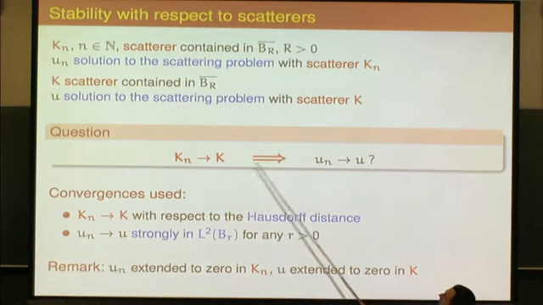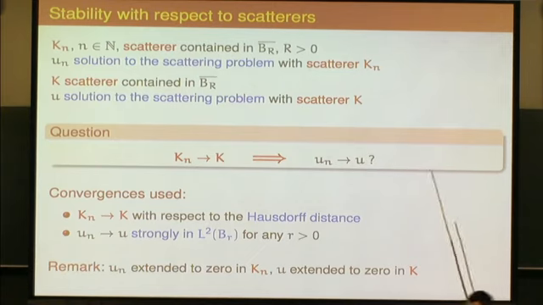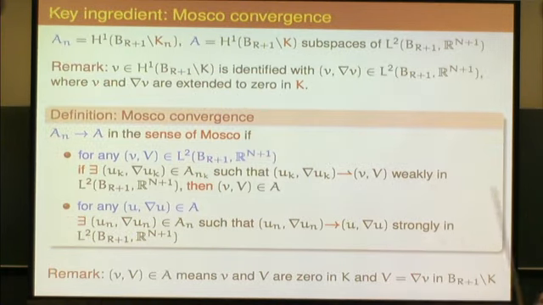And the basic ingredient to that, which is the ingredient that actually is equivalent to stability with respect to variation of a domain in the uniformly elliptic case, is the so-called Mosco convergence. So I want to spend a few words. It looks very complicated, but it's really not.